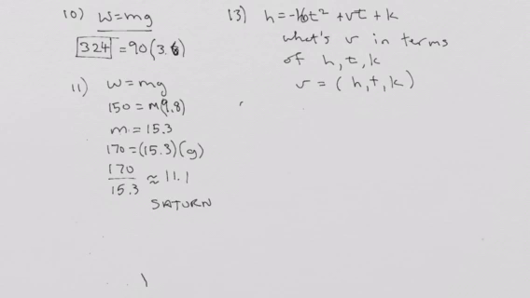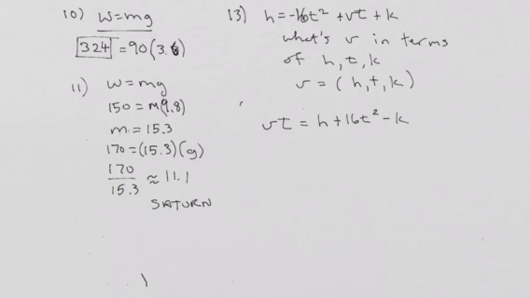I'm going to say I need to get this term by itself first. So I'm going to move this guy and this guy over to the other side of the equation. And that's going to give me, well, I'm also flipping the sides, but it's going to give me Vt equals H plus 16t squared minus k.